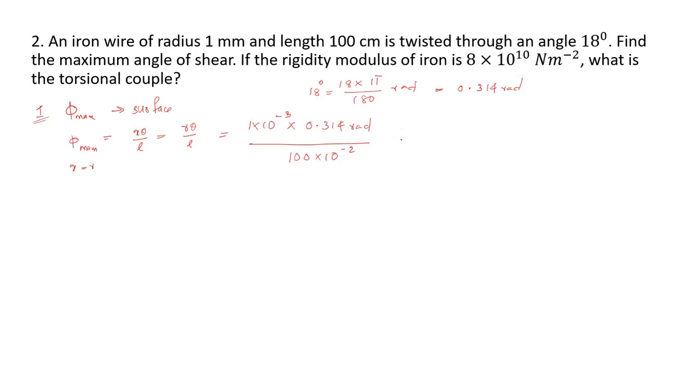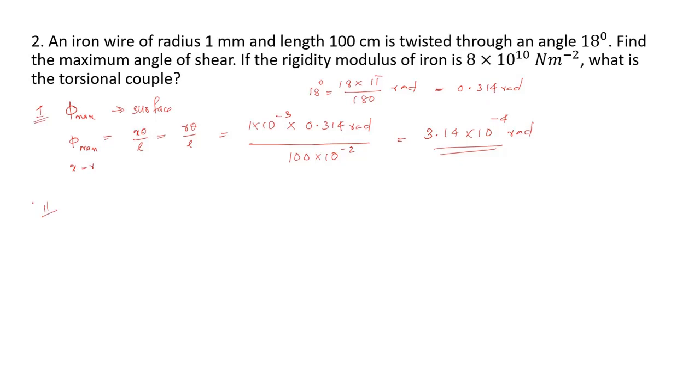So it's all set, and we can solve it as 3.14 into 10 to the power negative 4 radian. So this is the maximum shear. 3.14 into 10 to the power negative 4 radian is the maximum shear experienced by that structural element, and this shear is at the surface of that element.